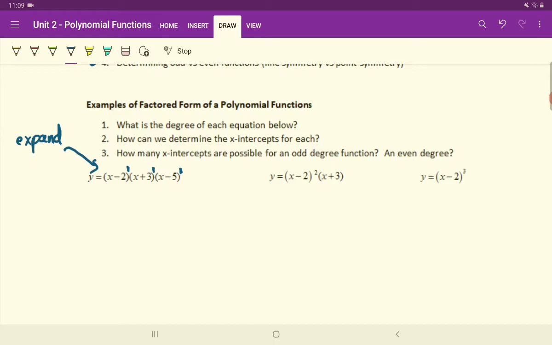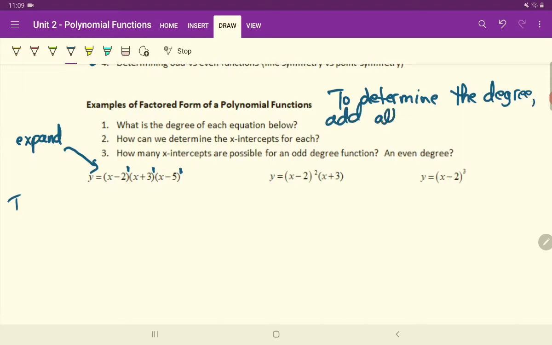And all you do to determine the degree, and actually I'll write that up here: to determine the degree, add all exponents of the given factors or brackets, right?